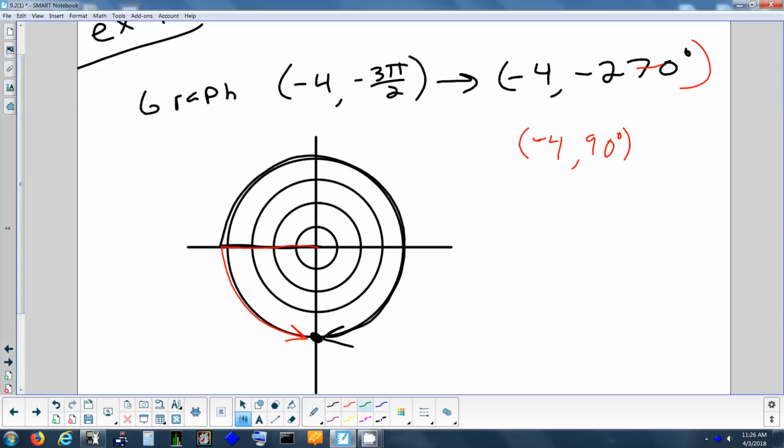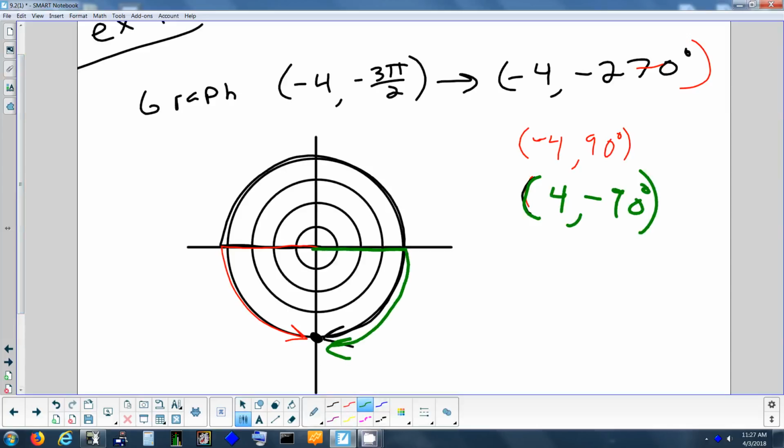Can anyone give me a third way I could get to that point? We'll do this one maybe in green. Yep, yeah. 4, -90. Let's try it. 4, -90. I think that's going to be perfect. 4 to the right.